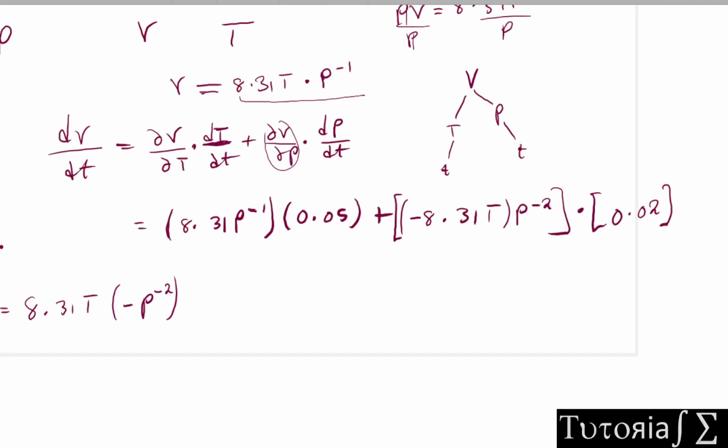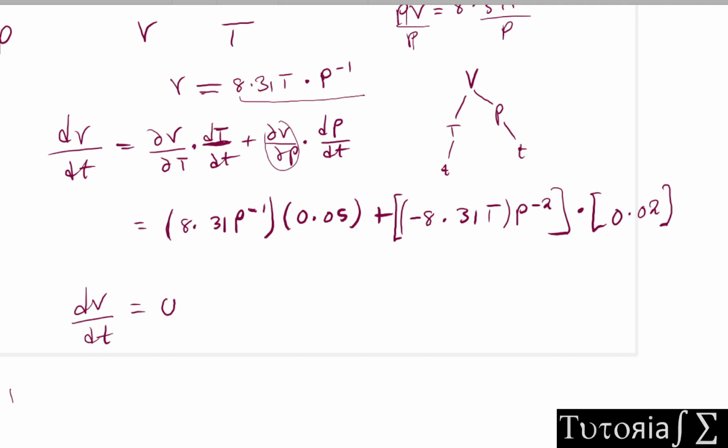Let me just write it here. So finally, our dV dt will be equal to 0.05 times 8.31.